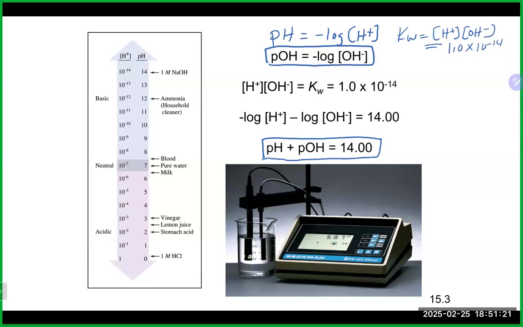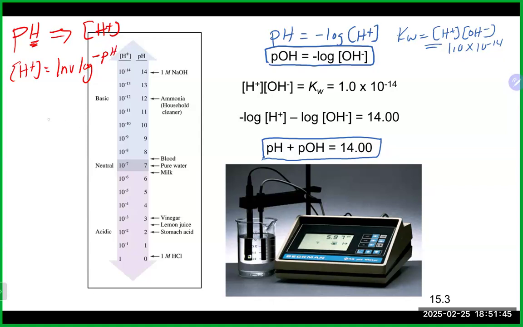Now, why we have this other slide here. In addition, if you're actually given the pH value, you can get the H plus concentration directly from it. You could get that by taking the H plus is equal to the inverse log of the negative pH.